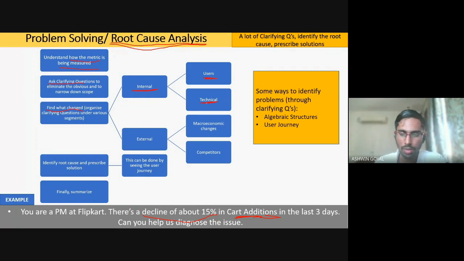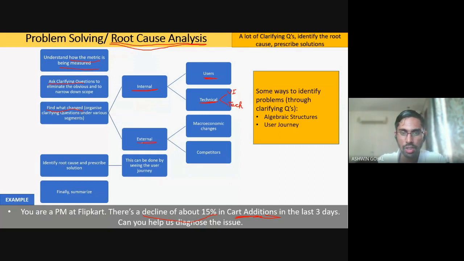So naturally, it is possible that it becomes less discoverable, visibility is decreased, and that way there is a decline of about 15% in cart additions. These can be some possibilities. So this can be around UI, or this can be around the backend or the tech part, right? Which is some database change, algorithm change, or some change on the backend.